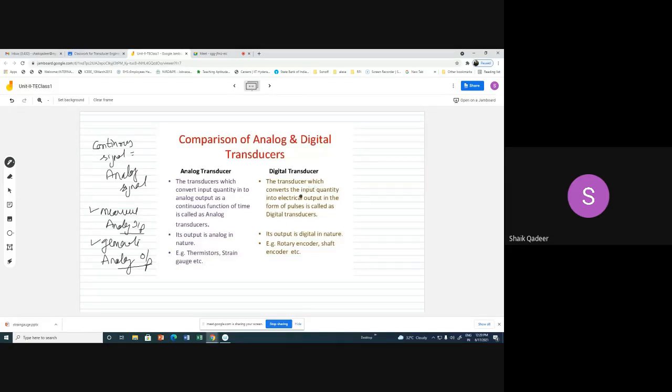Now digital transducer. The same points we can use in order to define what a digital transducer is. First, we try to convert this continuous signal into a discrete signal or discontinuous signal.